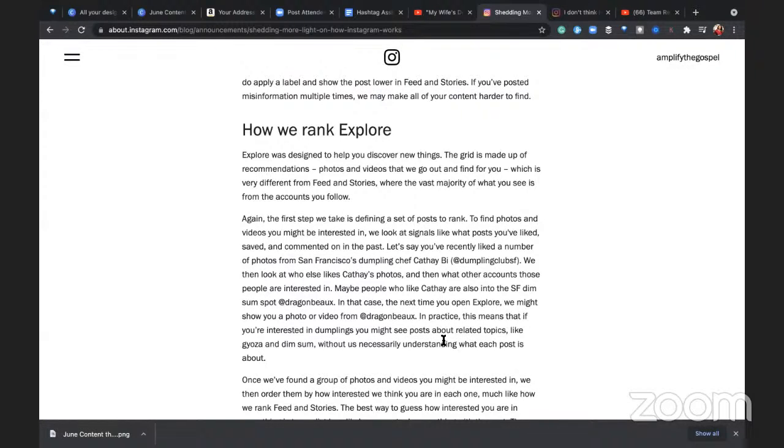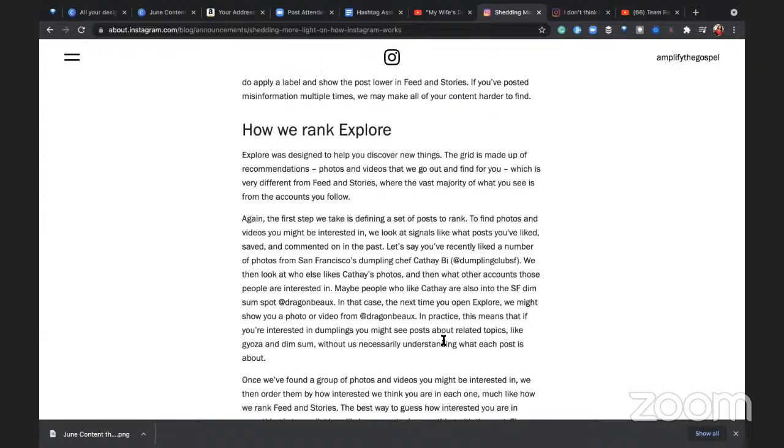Again, the first step we take is defining a set of posts to rank. To find photos and videos you might be interested in, we look at signals like what posts you've liked, saved, and commented on in the past.